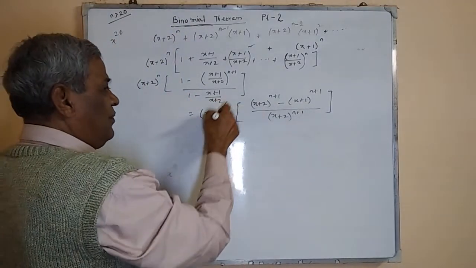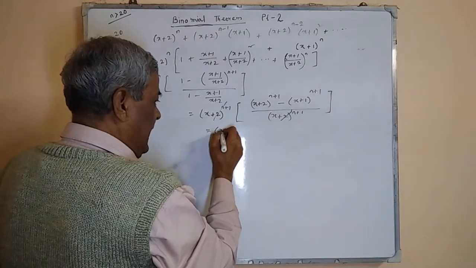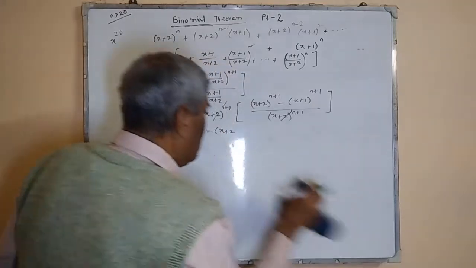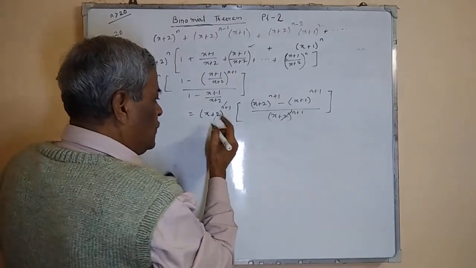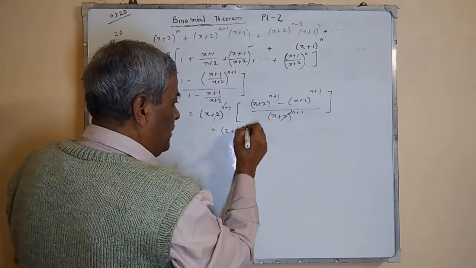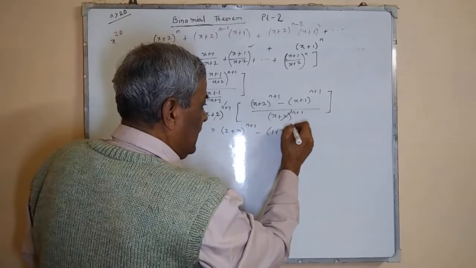They cancel. So it is equal to ((2 + x)^(n+1) minus (1 + x)^(n+1)) by x.